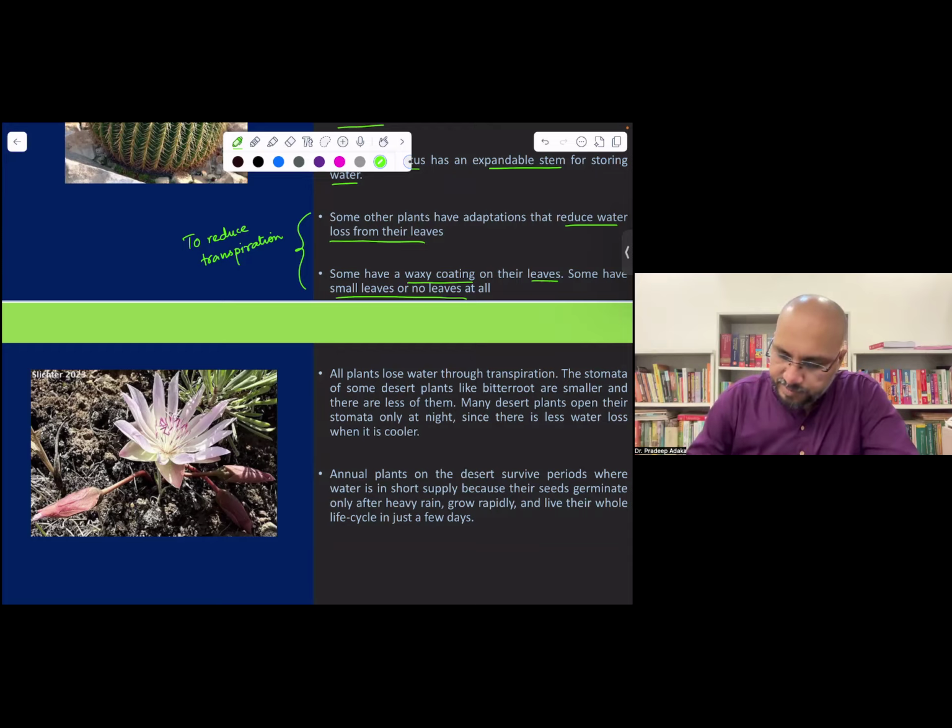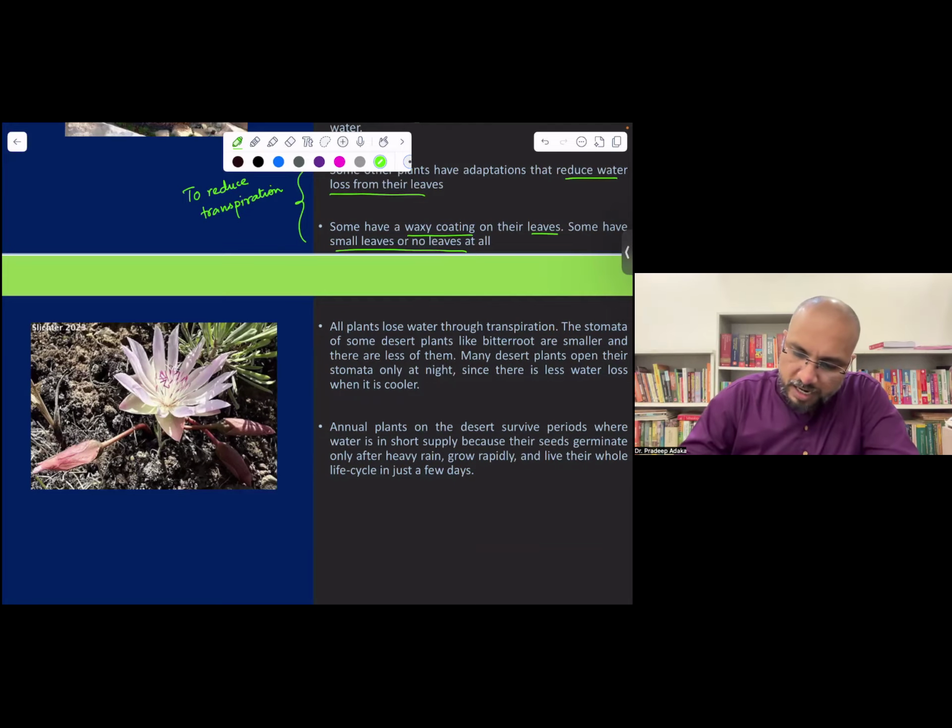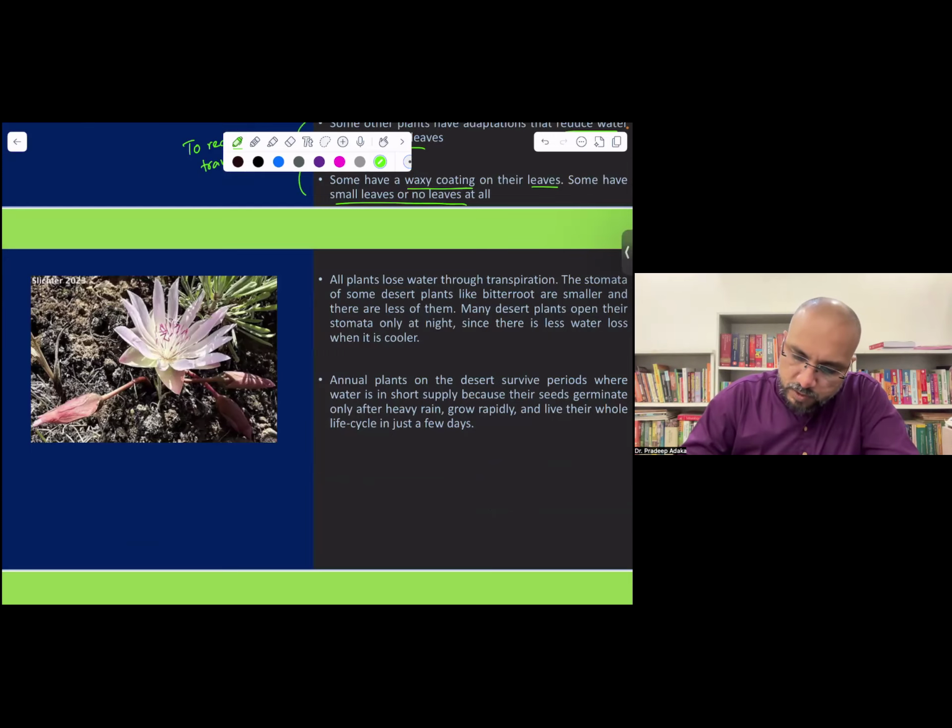So different mechanisms are available. All plants lose water through transpiration. Most of the transpiration happens through stomata. Stomata are small pores through which gaseous exchange takes place.